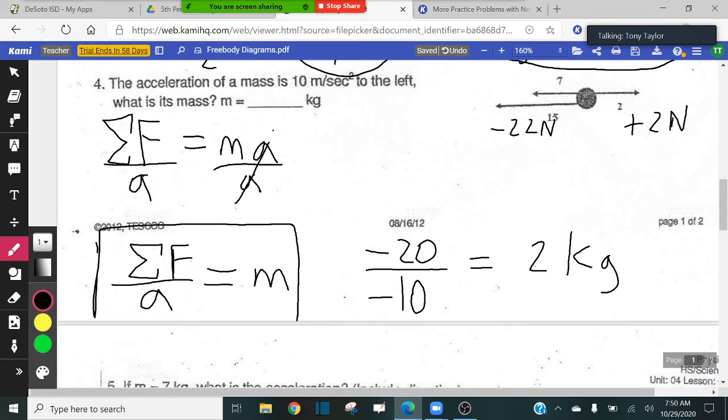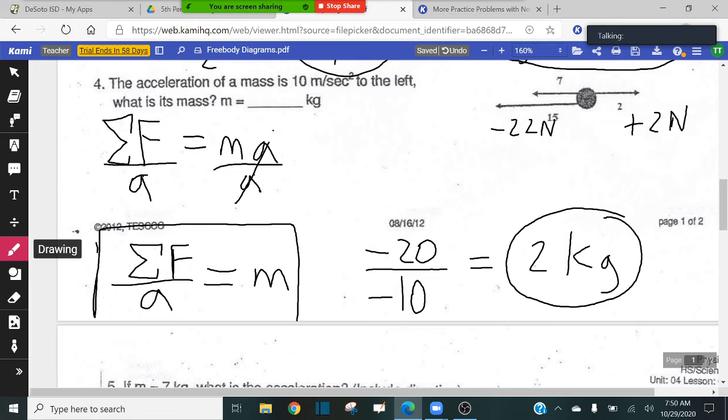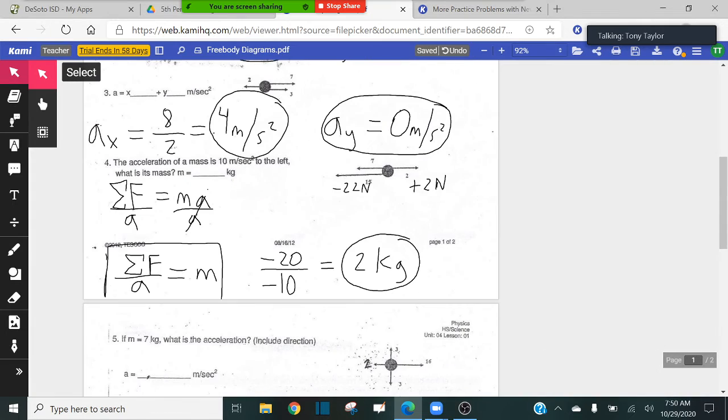Always write your units. So that is my mass for number 4. Any questions so far? Okay, guys, let's keep going.